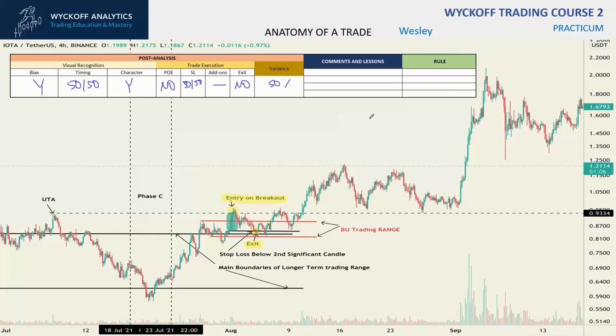So comments and lessons, I think all of us as students, the first thing we're drawn to is the structure that we see in an accumulation, like a moth to a flame. We see this structure and we think, okay, this is a backing up action, I want to be buying it.